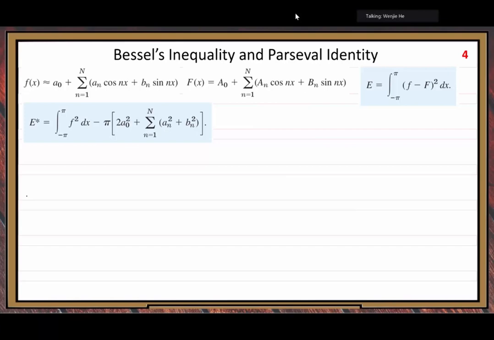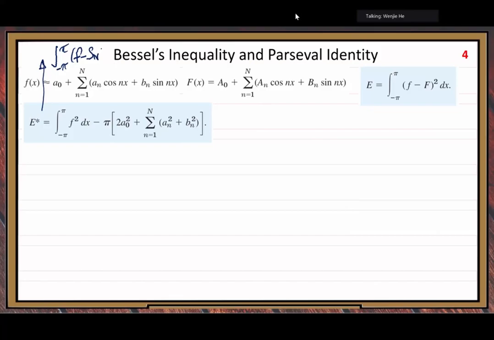We know the definition here: it is the original function f minus the partial sum, squared.